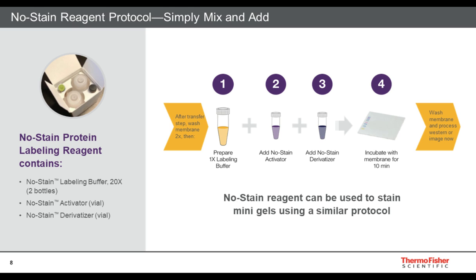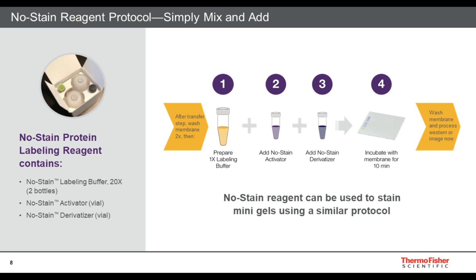So you start by preparing 1X labeling buffer. You add activator to that. You add a derivatizer, and you basically incubate the membrane for 10 minutes in this solution. There are wash steps before and after labeling to minimize any background during imaging the signal.